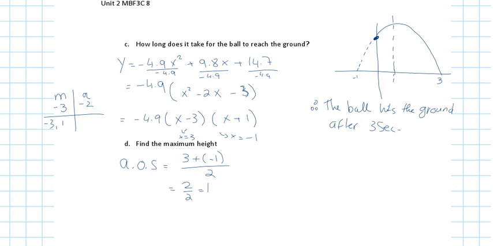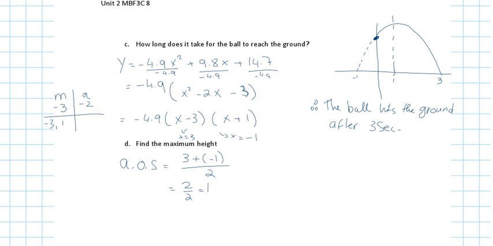And now I found my axis of symmetry. How do I find the optimal value? Put 1 into x. You can put it here, you can put it here, it doesn't matter. Okay, you're going to get the same answer.